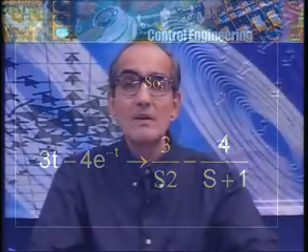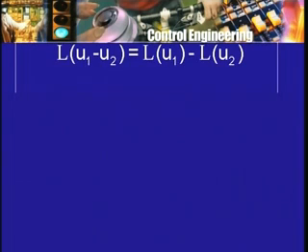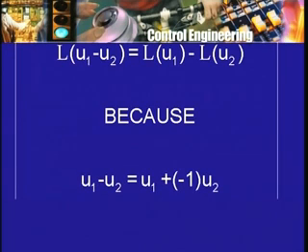And of course, what applies to a sum of two terms here will apply to a sum of 3, 5, 50, 100, whatever number of terms, with different multipliers here 3, 4 or minus 4 and so on. I don't have to state separately a result that the Laplace transform of u1 minus u2 equals the Laplace transform of u1 minus the Laplace transform of u2, because u1 minus u2 can also be regarded as u1 plus minus 1 times u2.